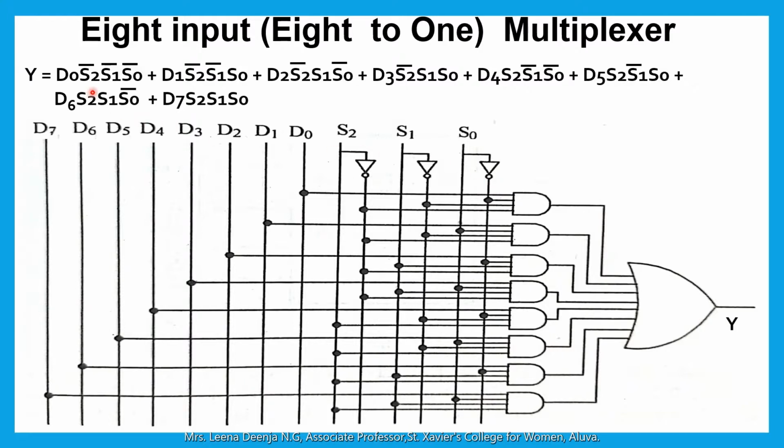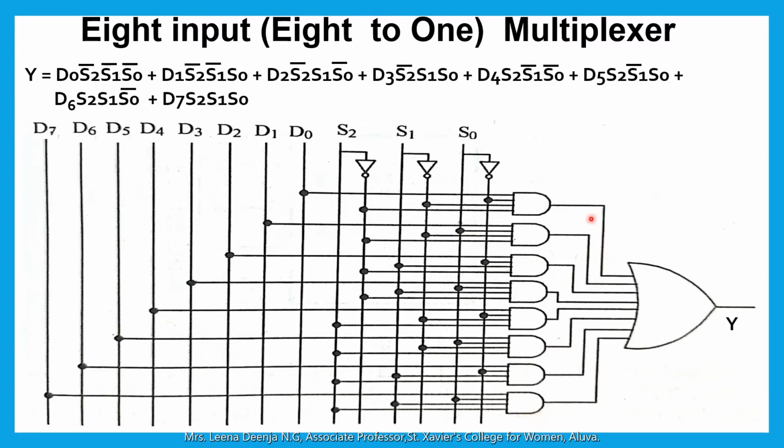Then for the first AND gate, inputs are D0, S2 bar, S1 bar and S0 bar. For the second AND gate, the inputs are D1, S2 bar, S1 bar and S0. Third one, it is D2, S2 bar, S1, S0 bar. So in this way, last one, the inputs are D7, S2, S1 and S0.